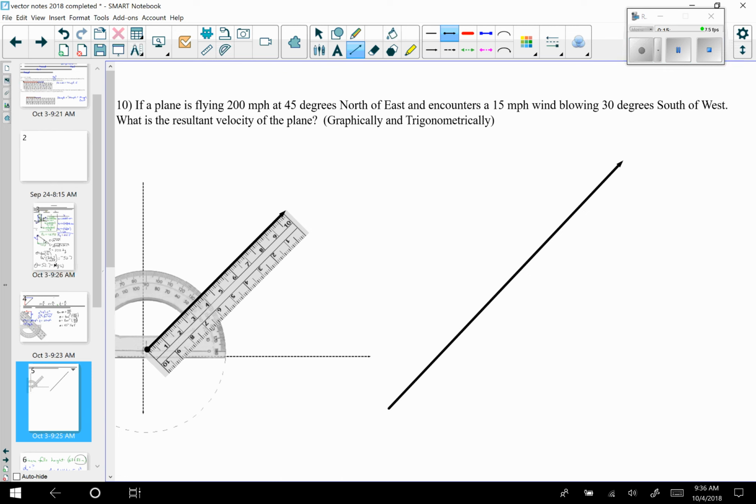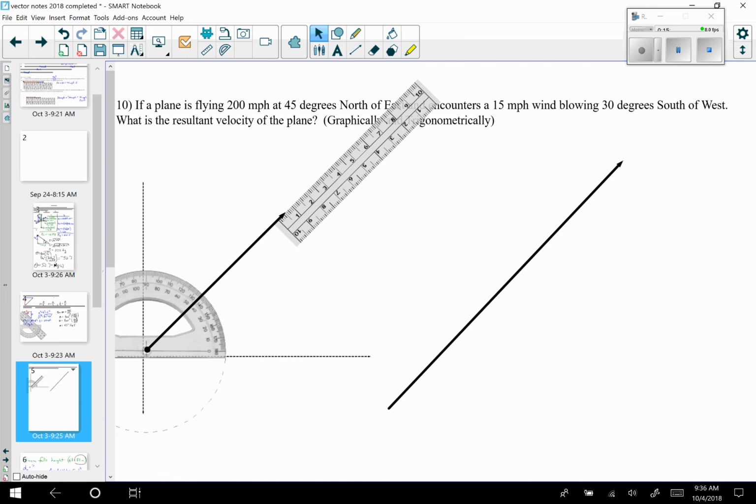Okay, so there's my first 10. Let me double that. Extend that on up here. So that's my 200 miles, 20 centimeters, sorry, is roughly right there.